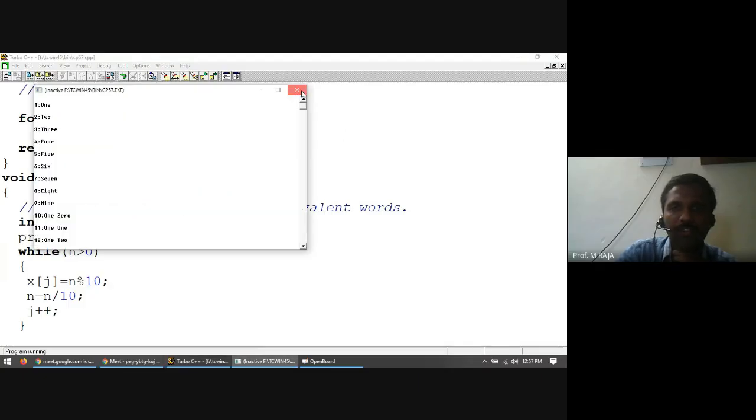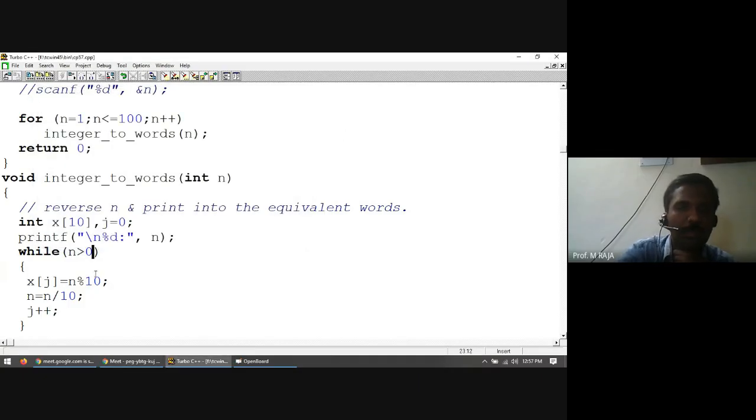Do you have any doubts in this example? Simply we have used the local array to extract the remainders. The remainders are stored in this array, as we processed them in decimal to binary conversion. The same way, while n greater than 0, we have iteratively performed modulus 10 operation, and the remainders are stored in the X array.